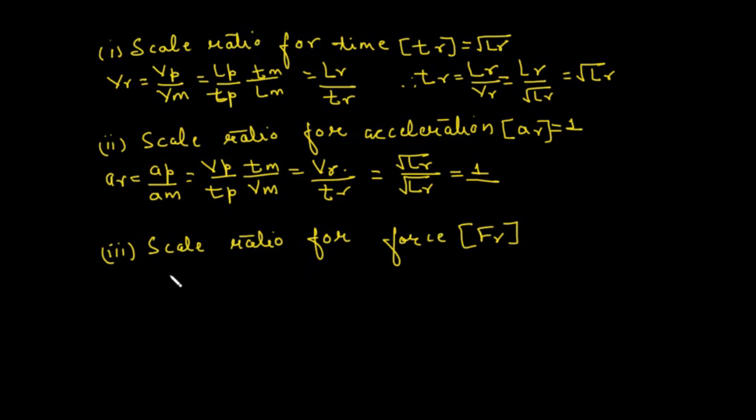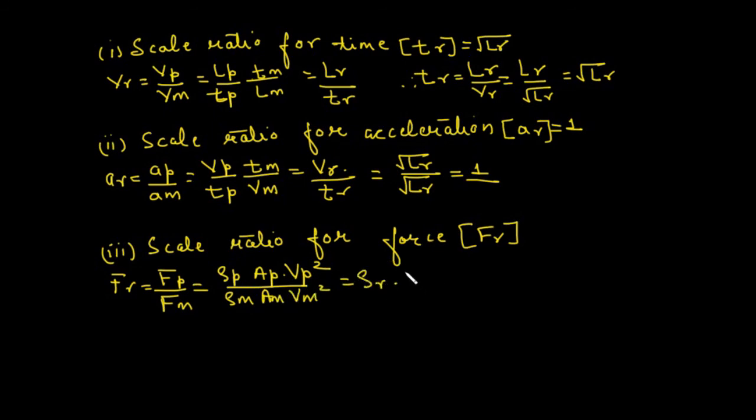The scale ratio for force, Fr, is force in prototype upon force in model, and we have derived the analogy for force as rho p Ap into Vp square upon rho m Am into Vm square. So if rho p and rho m are the same, we can write this as rho r into Ar into Vr square.